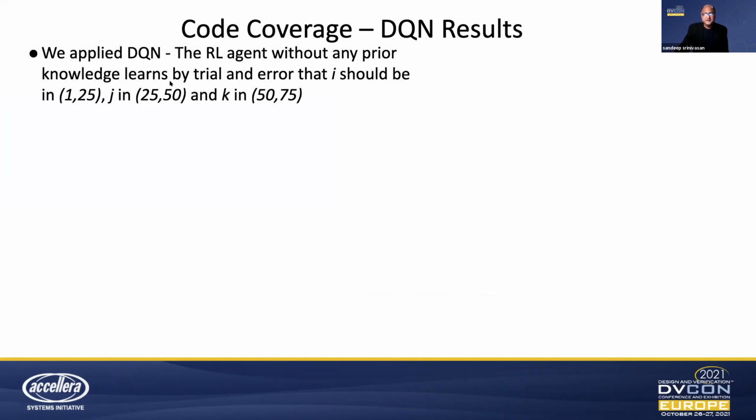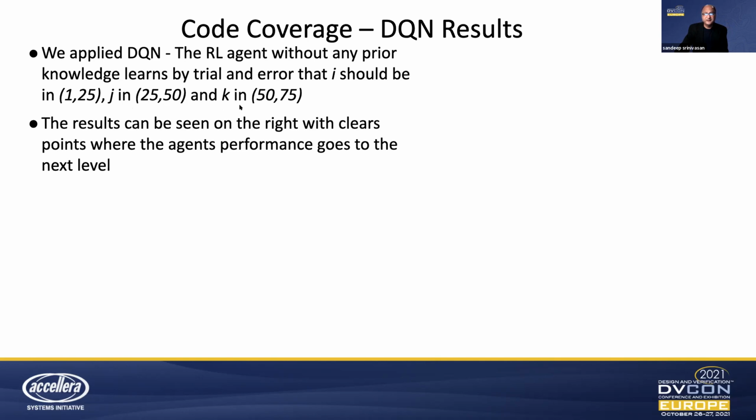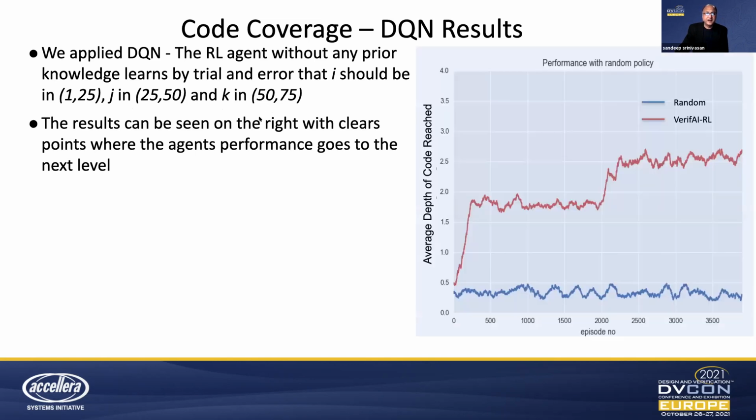So now we applied the DQN to the code coverage example that I just showed you. And the RL agent, without any prior knowledge, learns by trial and error that I should be in the range of 1 to 25, J should be in the range of 25 to 50, and K should be in the range of 50 to 75 in order to maximize the average code depth reached. So you can see the results here on the right, where the blue line indicates random choices for IJK values, and the y-axis represents the average code depth reached, right?